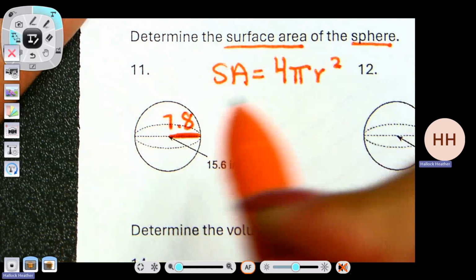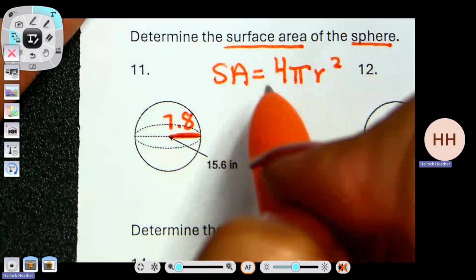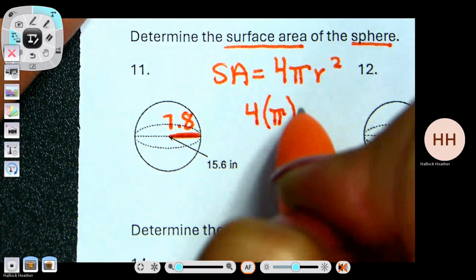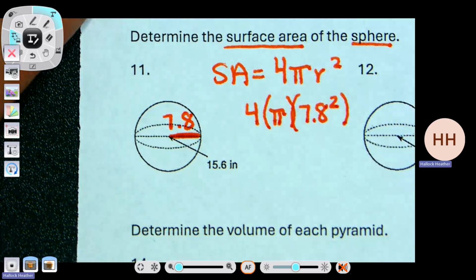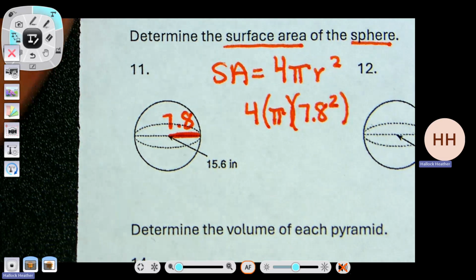Thank you. And then we're going to plug this into Desmos. Desmos actually makes our life a lot easier for 3D shapes. We're doing 4 times pi times 7.8 to the power of 2. It will do the exponent first because Desmos knows PEMDAS. So realistically, whenever I taught this to you originally, we should just use Desmos in the first place. But I was on summer break mode, apparently.